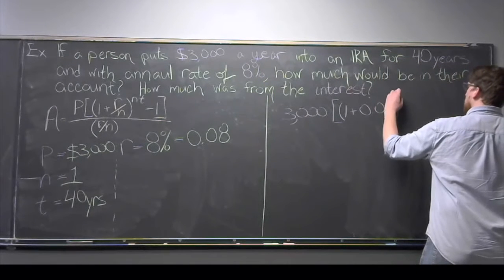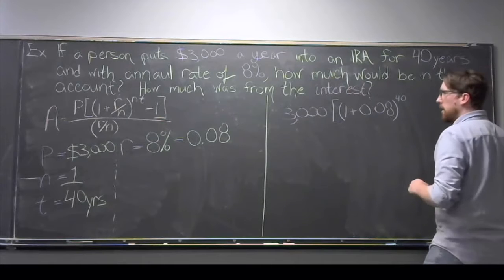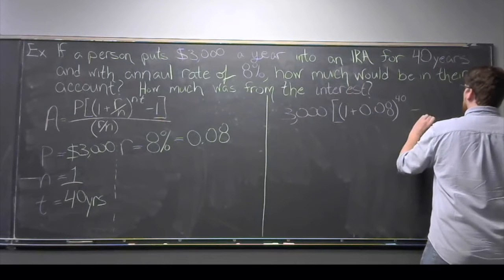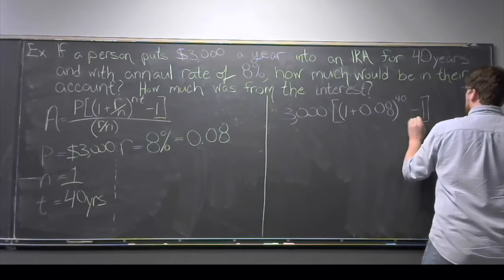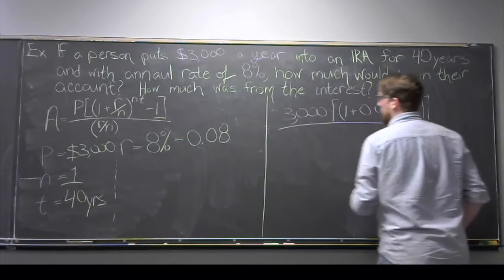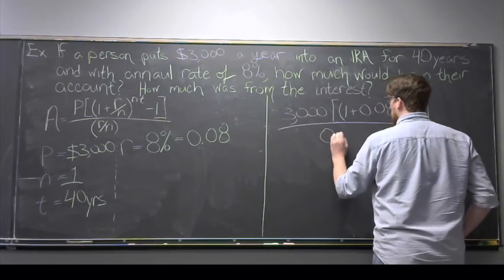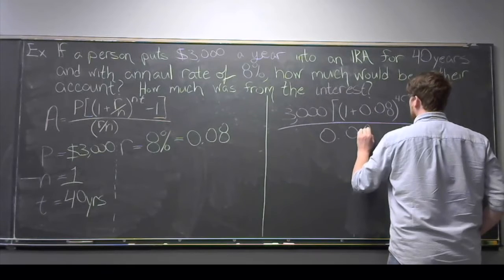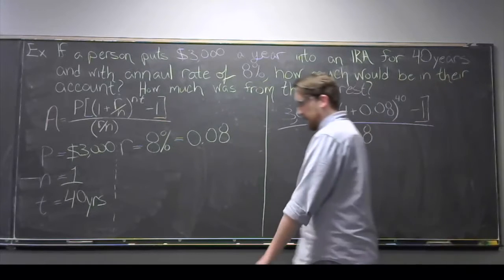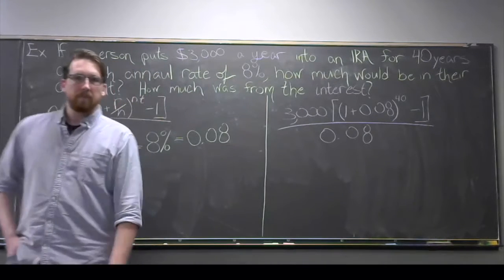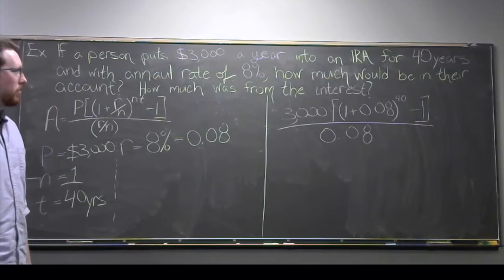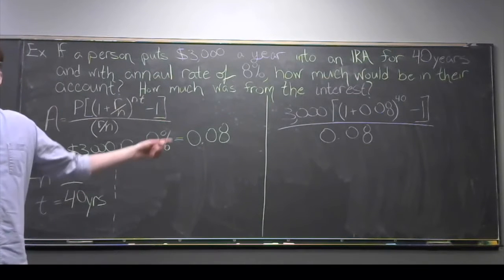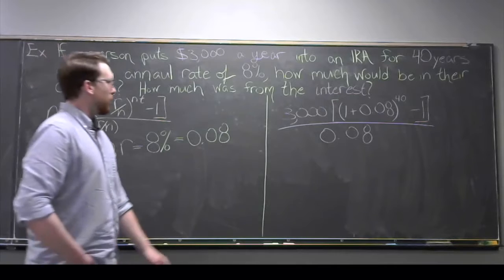So we're just left with 40 in our exponent. Subtract 1, divide all of this by 0.08. This is an ugly equation, I know.